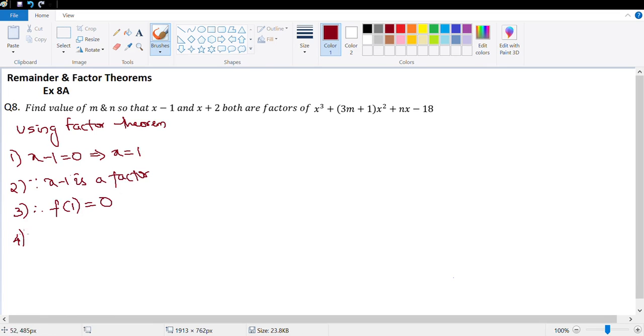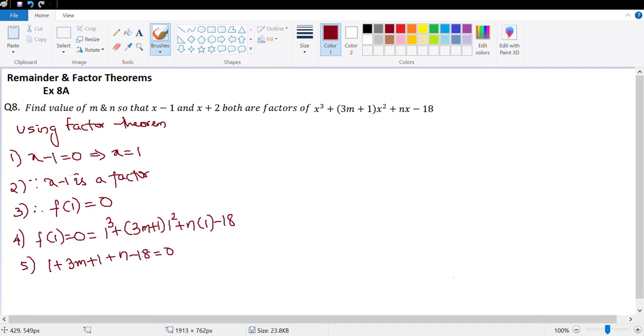In this case, f of 1, which is equal to 0, will be equal to the value of the polynomial when x is 1. So 1 cube plus (3m plus 1) into 1 square plus n into 1 minus 18. This will give us 1 plus 3m plus 1 plus n minus 18 is equal to 0.